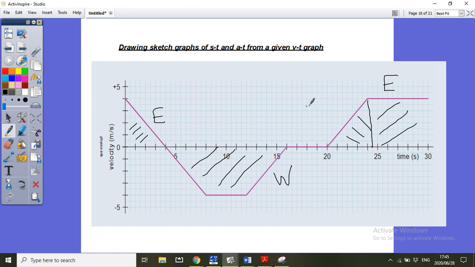So if the question was a detailed question where you have to work out the values, you would go and work them out. For each of these portions, you would go and work out a displacement. Here again, you're welcome to use the formula for the shape, but I would just split it up into areas that I can easily work out.